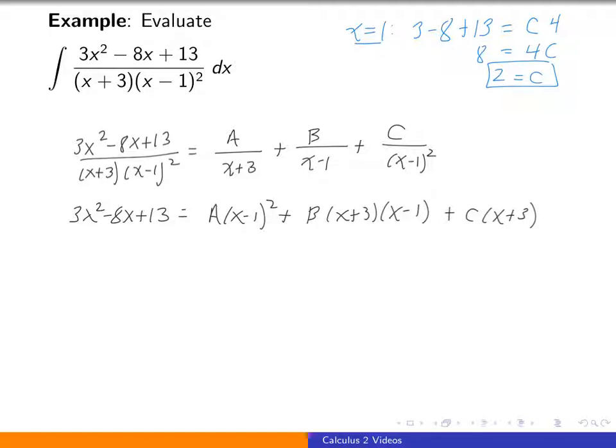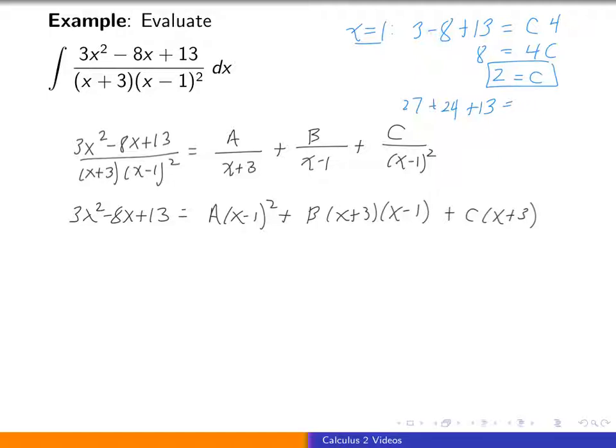Likewise, if we plug in x equals minus 3, the C term and the B term cancel, and that will allow us to solve for A. So plugging in x equals minus 3, we're going to have 3 times minus 3 squared, which is 27, minus 8 times minus 3, so that will be plus 24, plus 13, and the only term that we are going to have left on the right will be the A term.